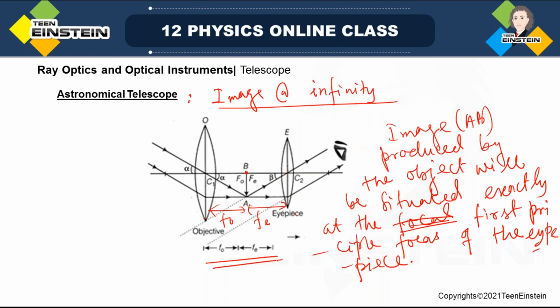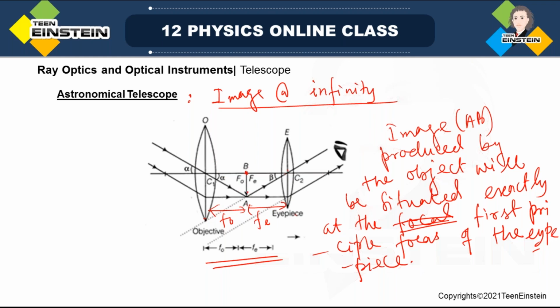Here that focal plane is exactly the same as the focal plane of the eyepiece also, so this focal length is exactly equal to the image distance of this object. All right, I hope you have understood this.